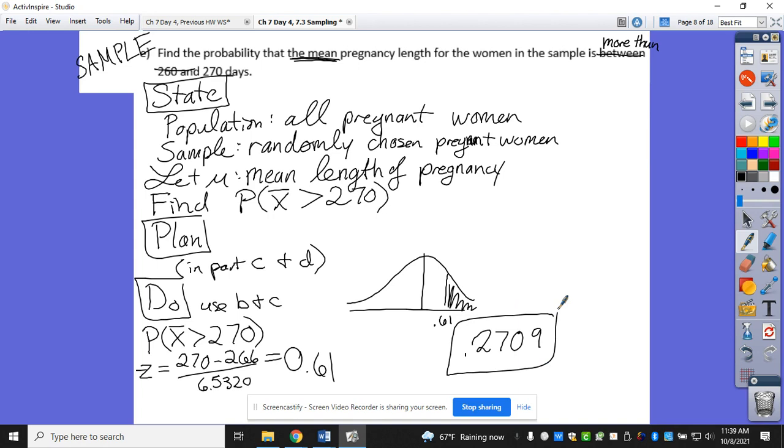So how does our answer for A compare to our answer for E? Our answer for A is definitely what? Greater. Because it is more likely to see a single individual stray from the mean than the mean of an entire group stray that far from the mean.